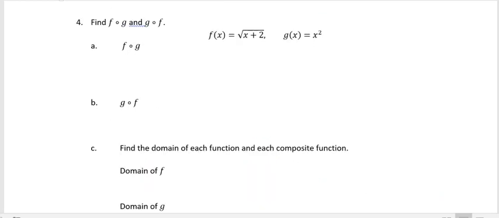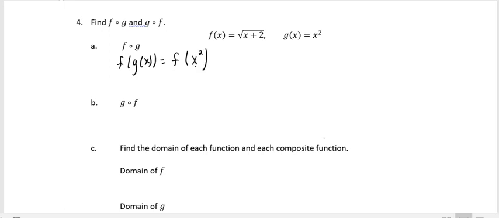So find f of g and g of f. So for letter A, we do the same thing. So I'm going to rewrite this as f of g of x. G of x is x squared.